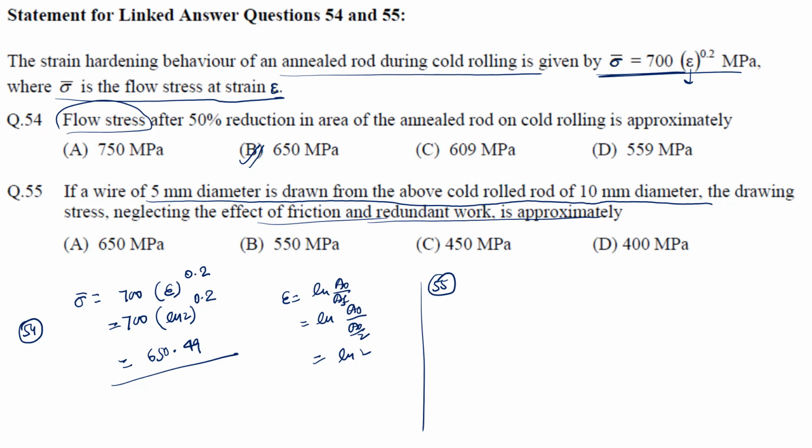Okay, so here it is asking for the drawing stress, meaning the amount of stress which will be experienced, right? So guys, the formula to find this drawing stress: sigma drawing stress is equal to K ln A naught by AF.